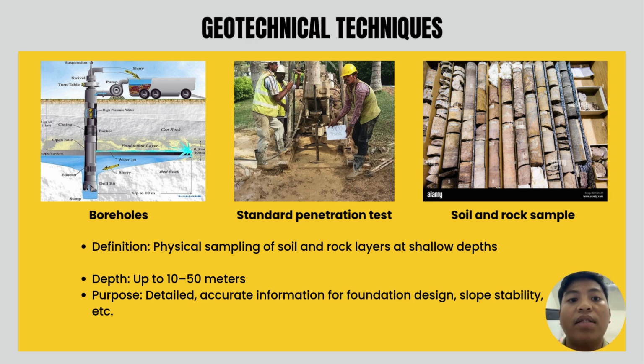Geotechnical methods are generally used for shallow subsurface exploration, reaching from 10 to 50 meters. They provide highly accurate, detailed information about the composition, density, and stability of soil and rock layers. This information is invaluable for designing building foundations, assessing slope stability, and evaluating ground conditions for construction projects.